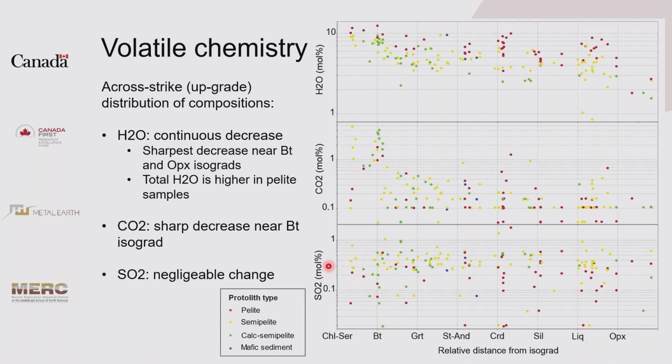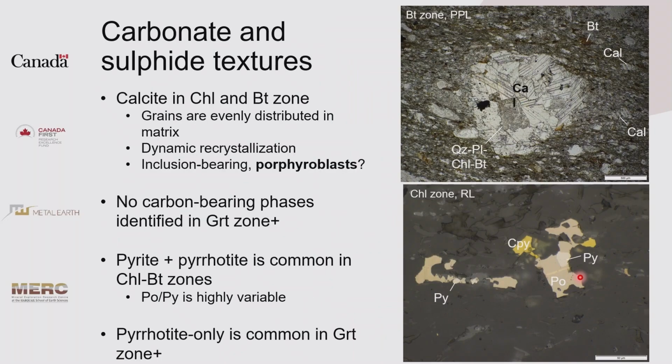So what do we know about the textures that are telling us these trends? We have calcite in the chlorite and biotite zones. These are often quite big, rounded calcite grains. They're evenly distributed in the whole matrix. A lot of times they don't form connective films, which you'd expect for veins.